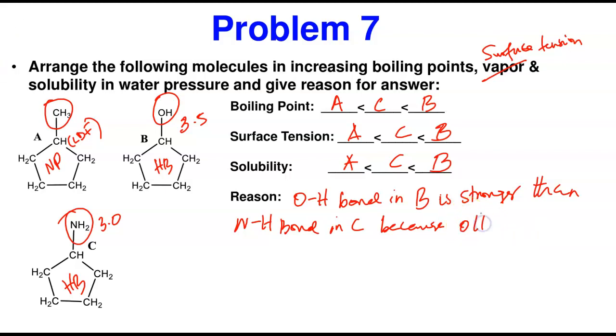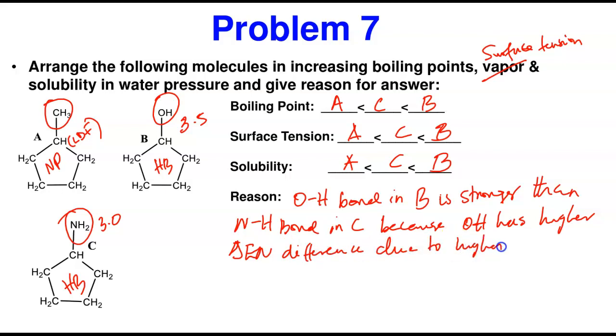Because the OH bond has a higher change in EN difference, due to the higher EN value of oxygen compared to that of, which one?